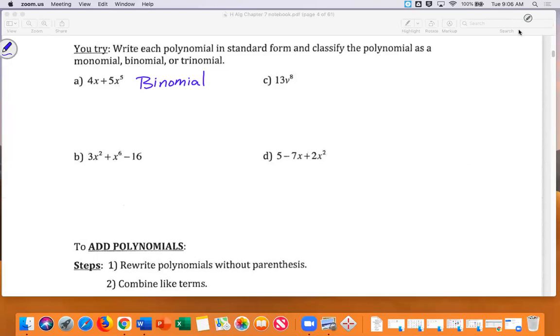Classify C. So A is binomial, C is what letter does it start with? Monomial. D. It is trinomial.